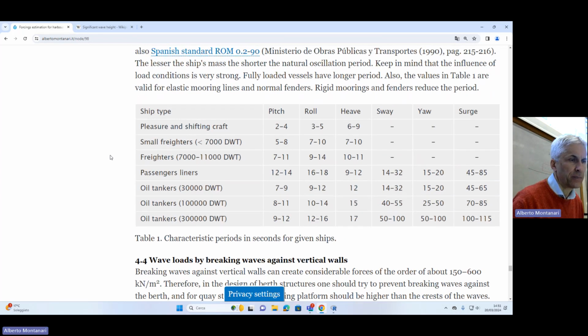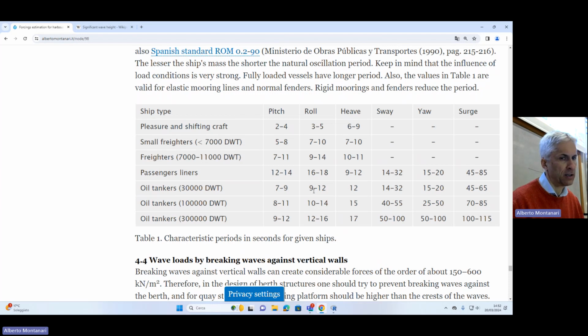Okay, so these are characteristic, as I said, periods for given ships. And you see that for the different movements, you have different characteristic periods.